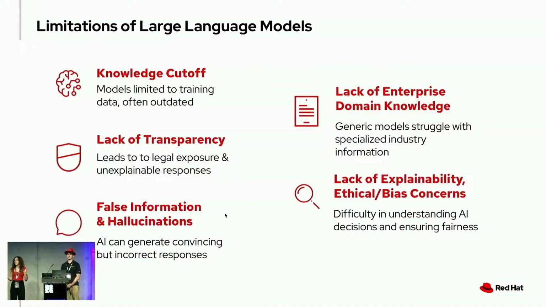As well as a lack of enterprise domain knowledge that these large language models have. So right now, only 1% of enterprise knowledge is represented in large language models. So that's a huge opportunity for us to be able to tackle. And then finally, lack of explainability, ethical bias concerns, and difficulty in understanding why AI is giving you the outputs that it's giving you.